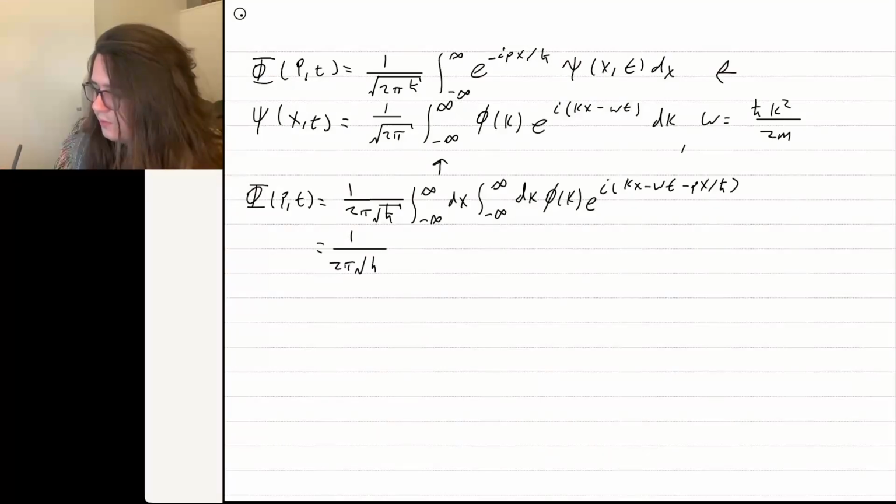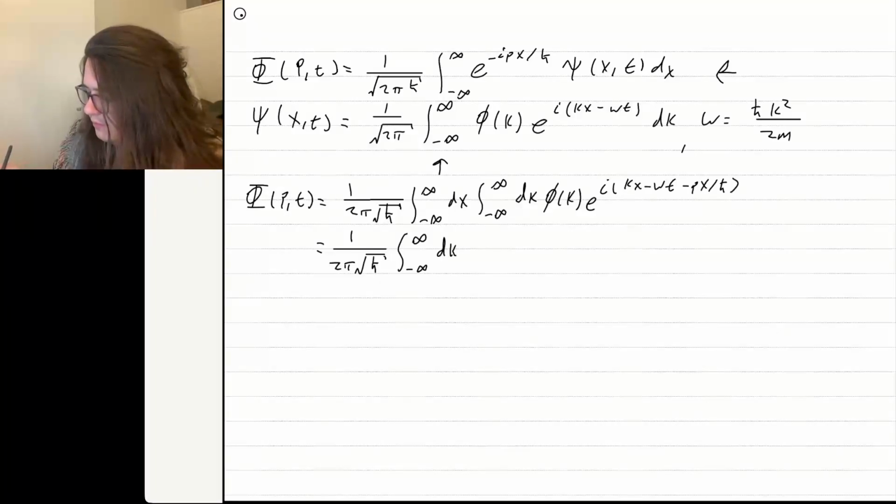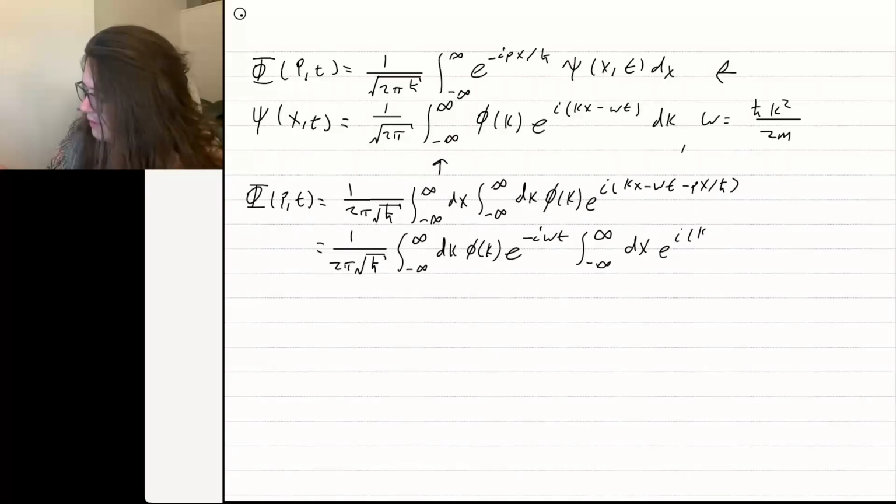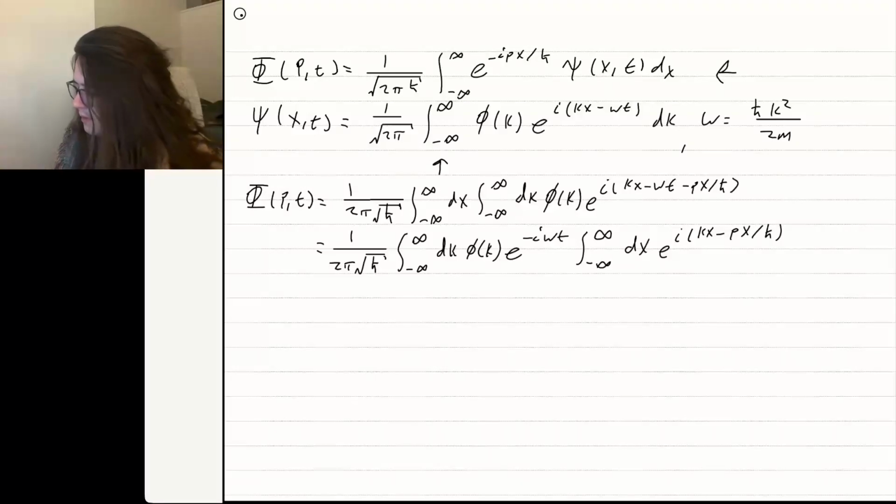So reordering the integrals makes it look like integral from minus infinity to infinity of dk phi of k, and then the e to the i omega t stuff doesn't depend on x either, but then inside the x integral we still have the e to the i kx minus px over h bar.